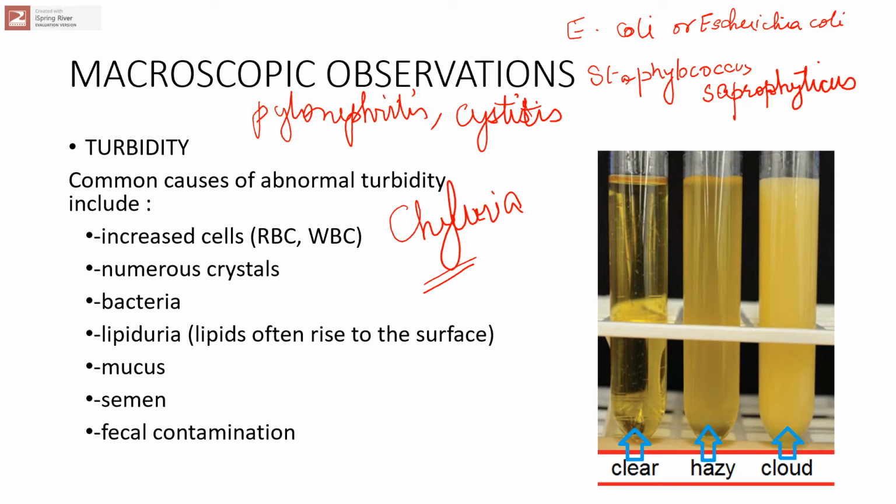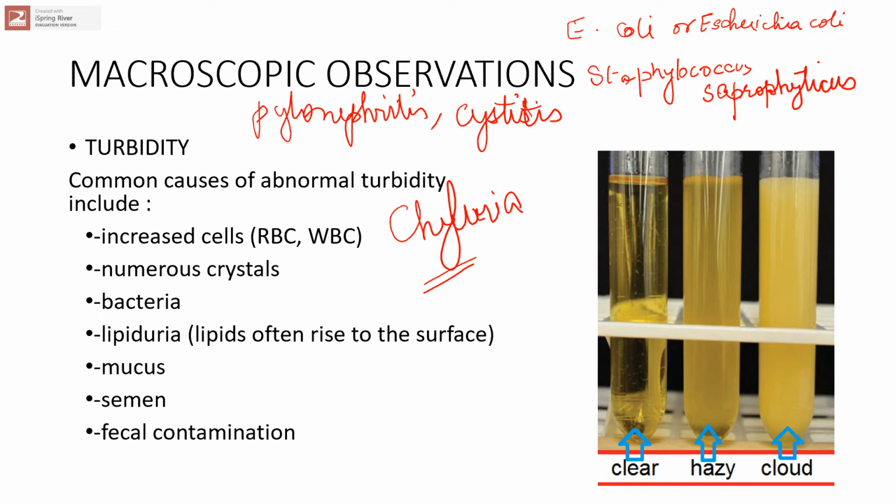Chyluria can be seen in diseases like elephantiasis that we talked about in the class. Certain drugs like ceftriaxone can also cause urine to look cloudy, right? So drugs also cause cloudiness in the urine sometimes.